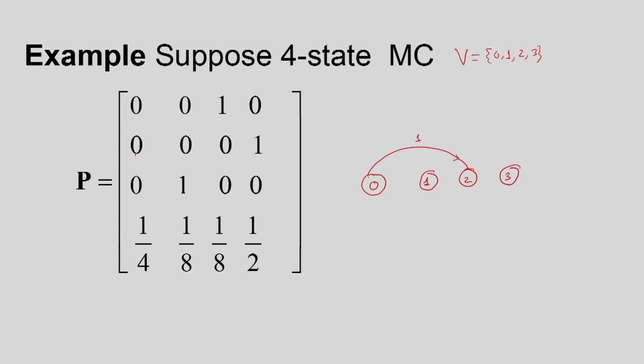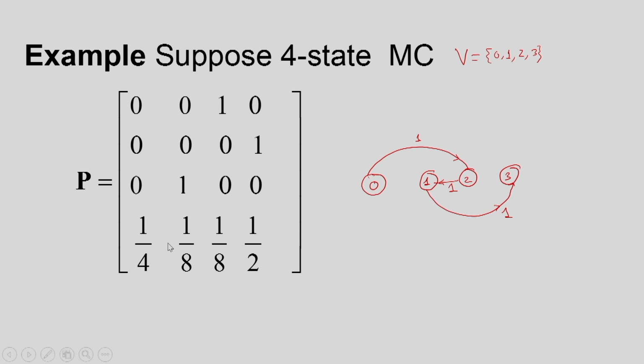Similarly, from 1 to 3, there is a transition with probability 1. Then from 2 to 1, we have a transition with probability 1.